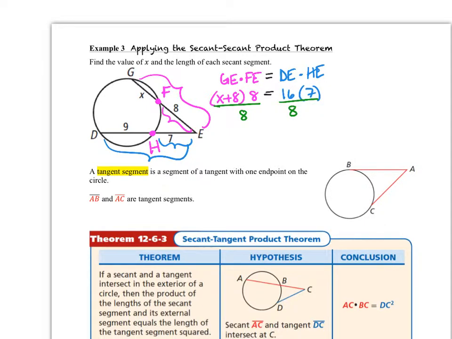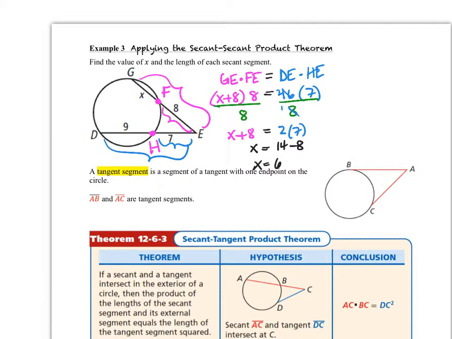So on the left-hand side, we're going to have x plus 8, because the 8s are going to cancel. On the right-hand side, we're going to have a 2 left over, and that's going to be 2 times 7, because 8 goes into 16 twice. And that means that we're going to have x is equal to 14 minus 8, or x is equal to 6.